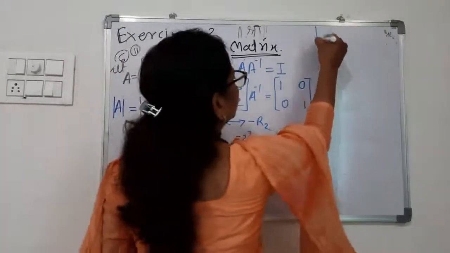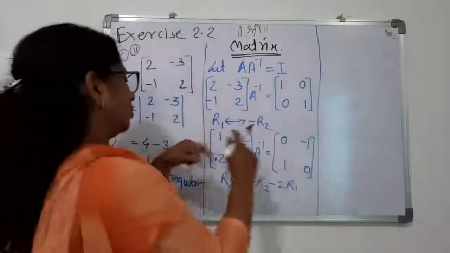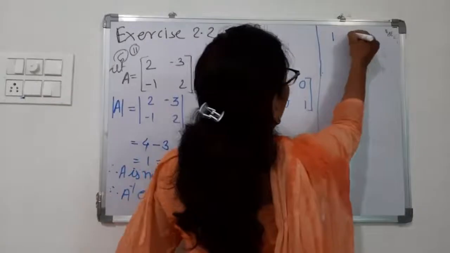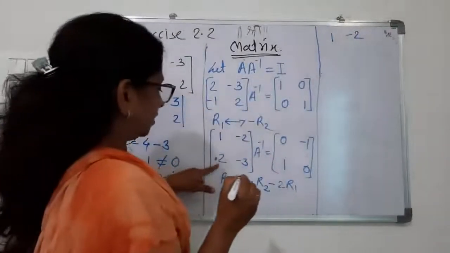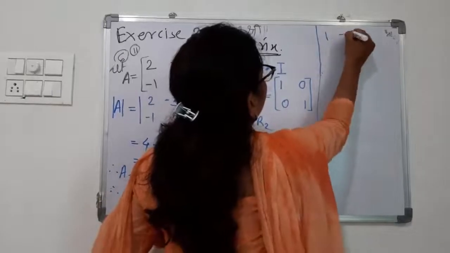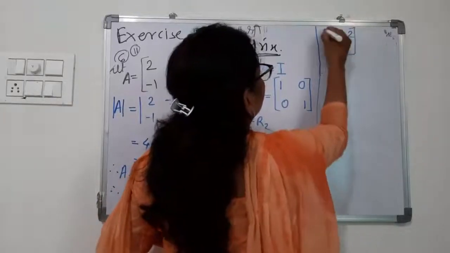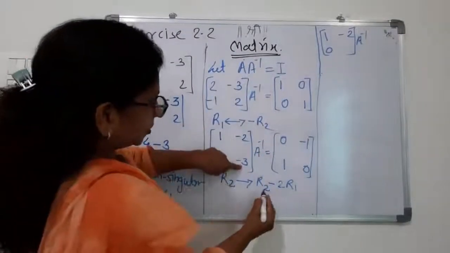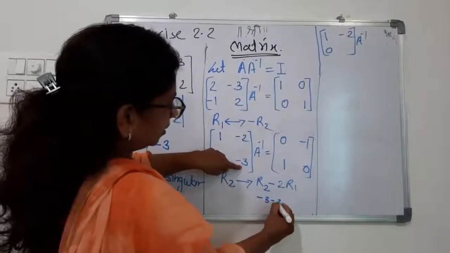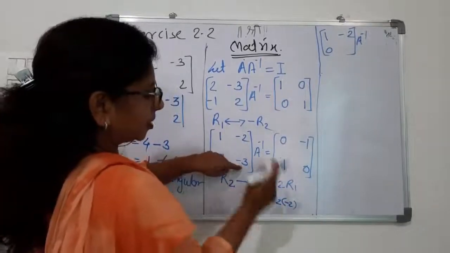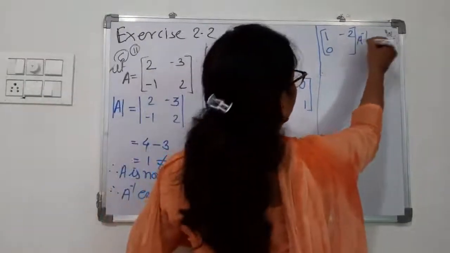So write down here: there is no change on R1, so write down 1, minus 2 as it is. Here we are doing it only for 0, so 0, 1, minus 2, 0, A inverse. And here apply the operation: minus 3, minus 2 times minus 2. That is minus 3 plus 4, that is 1.